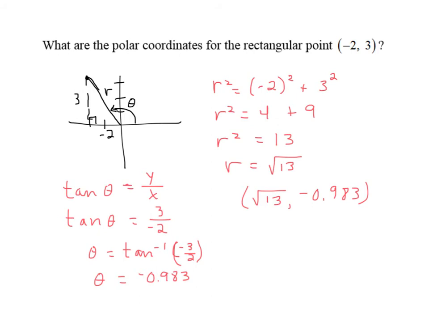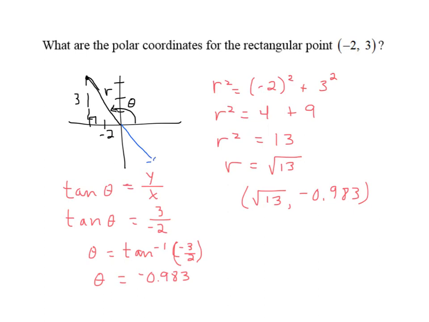I'm hoping that you are thinking maybe this isn't quite right, because we know that -0.983 is not an angle that's in the second quadrant, is it? No, in fact, the calculator gave me back this angle down here in the fourth quadrant. Let me draw that in.